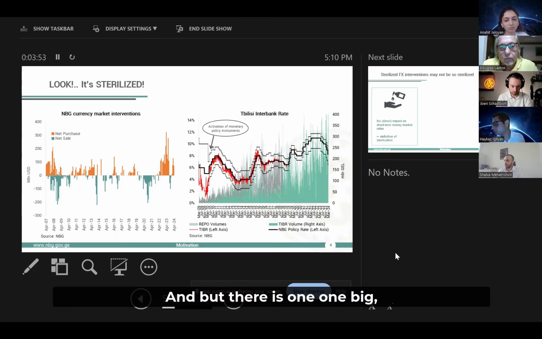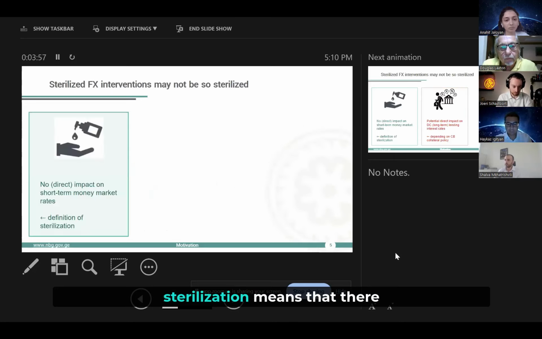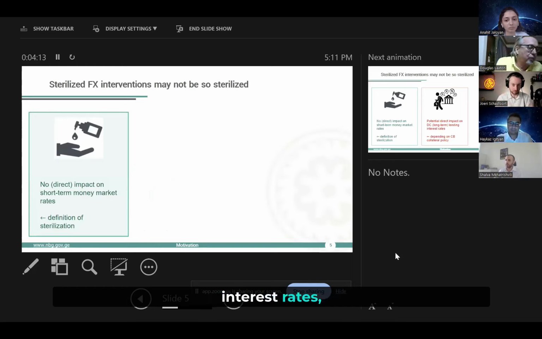But there is one big but. This sterilization means that there is no direct impact on short-term money market interest rates. And actually, by the way, this is how we define sterilized FX interventions. We say that when FX intervention has no impact on short-term money market interest rates, it means that it's sterilized.